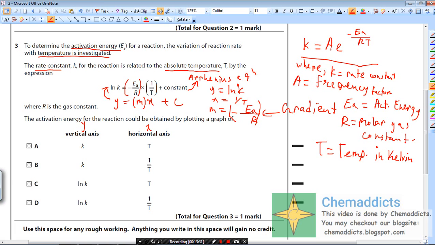So on the y-axis this should be ln k, and on the x-axis this should be 1 by T. Let us match this with the options. So if we match, D is the answer to this question.